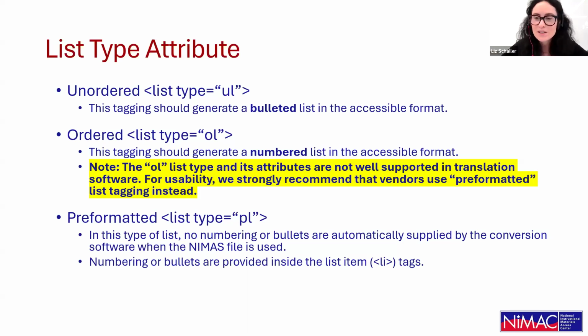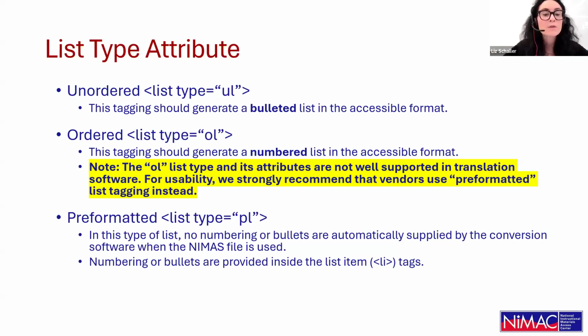So what we're now encouraging vendors to do, instead of using the ordered list for numerical lists, is to use the preformatted list type, which is the third list type. This is the one where no numbering or bullets are automatically supplied by conversion software. Instead, they're provided inside the list item tags. I'll show you that on the next slide.